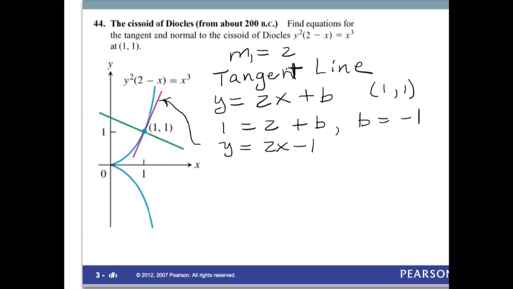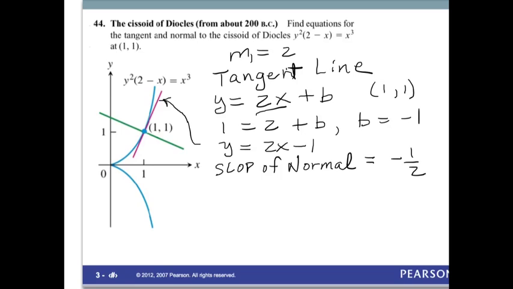Now, since the tangent line slope is 2, the slope of the normal line, or the one that's perpendicular at that point, is going to be the negative reciprocal, which is minus 1/2.